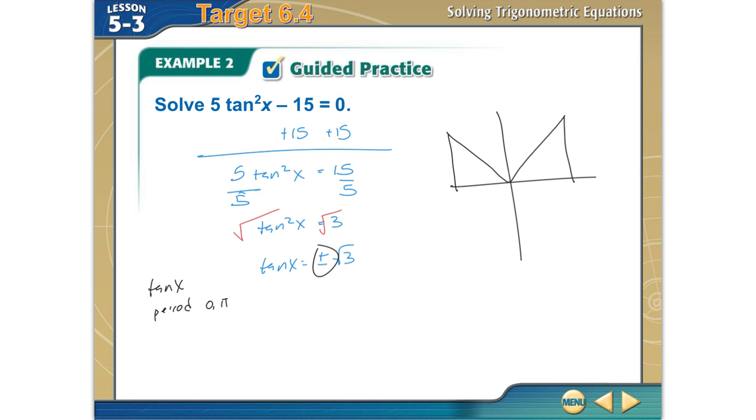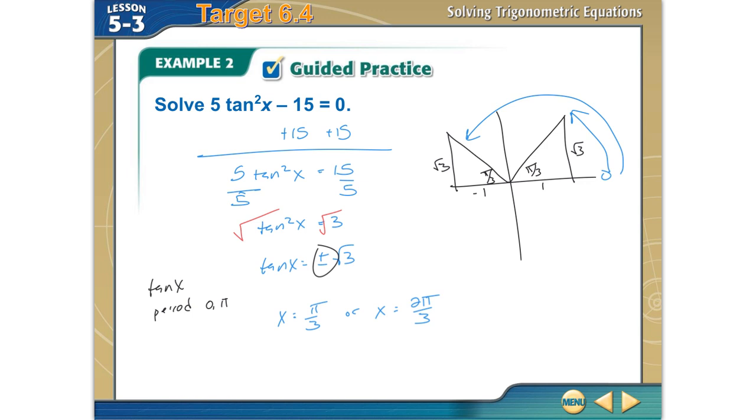In quadrant 1, to get a tangent ratio of root 3, that means this side would have to be root 3, this side would have to be 1. So that is going to match up here with pi over 3 on both sides. So our actual angle is going to go from 0 to here. So we get x equals pi over 3, or x equals, to this one, would be 2 pi over 3.